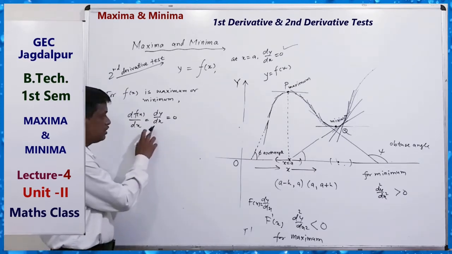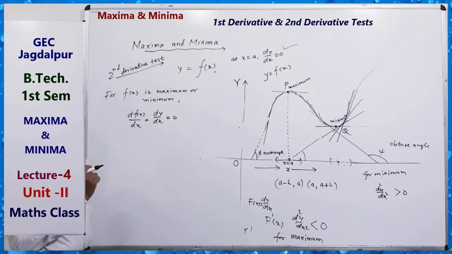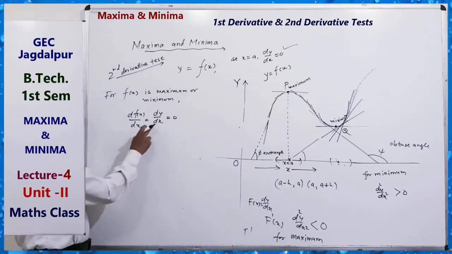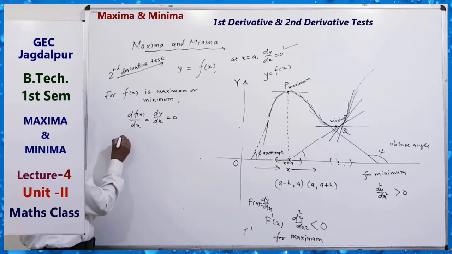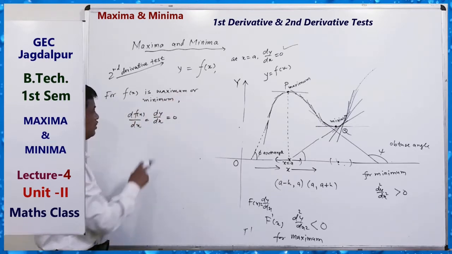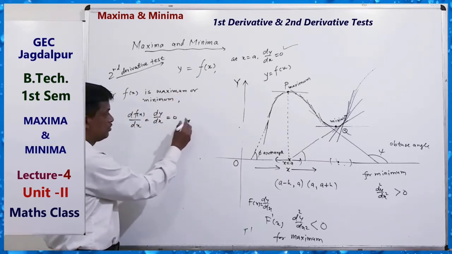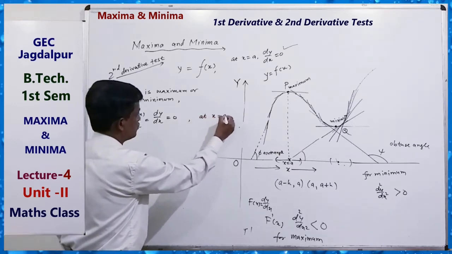And solving it, for f(x) to be maximum or minimum, the derivative is 0 at x equals a.